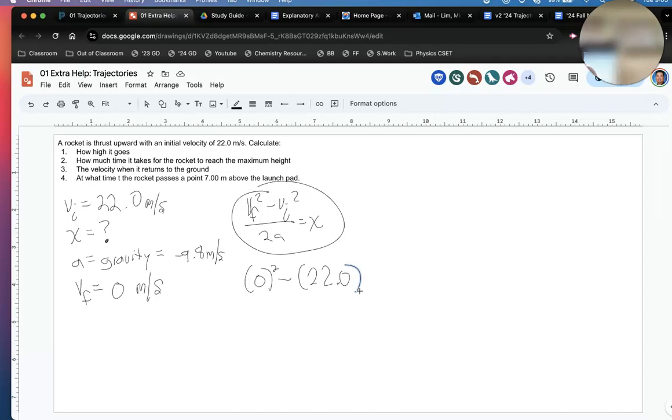But it's good to have the units when you set up the problem in case you need to convert the units to the same units as others. And then, Jesus, what is our A? Negative 9.8.